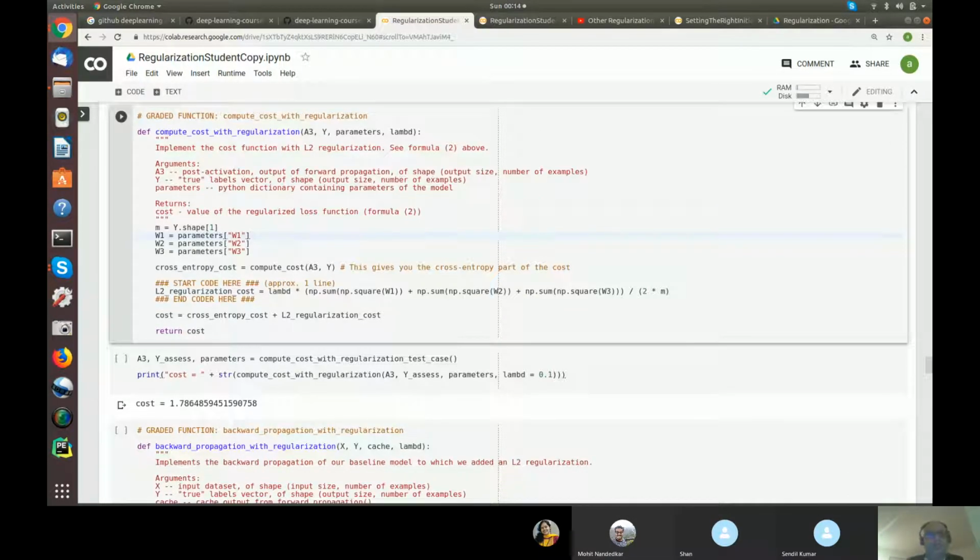So let's first try the L2 norm. So how many layers did we have? 3.